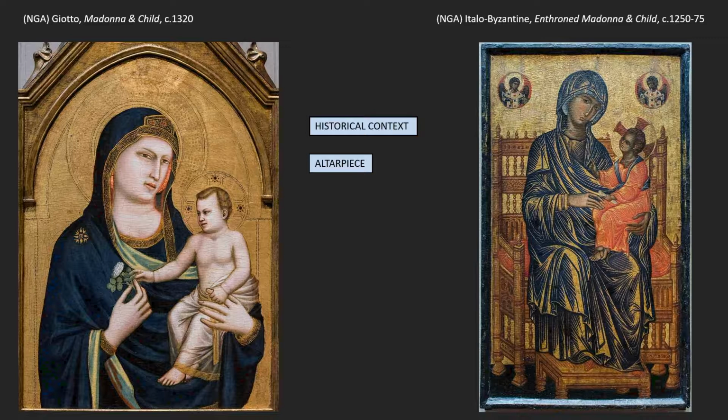Giotto and our artist on the right, whose name we don't know, are being told what to do. And they are making the work only after someone comes to them and says, I want it. Okay? This is huge. We think of artists sitting in the studio making stuff and hoping they can find a gallery to represent them so they can sell it and foist their ideas on an unwilling public.